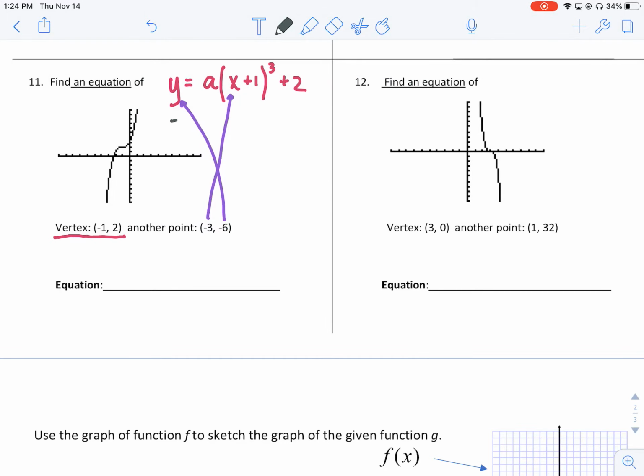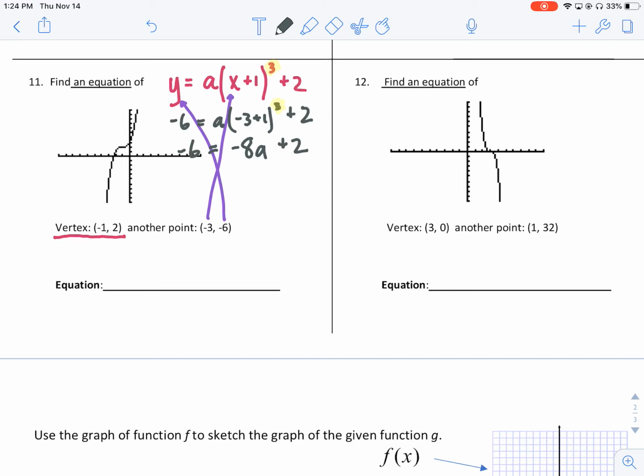So we have -6 equals a times -3 plus 1 squared cubed. That's where everyone makes a mistake. Everyone forgets about this right here, and they make the mistake on the exponents, so be careful on that. All right, -6 is equal to, what's -2 cubed? -8 plus 2.